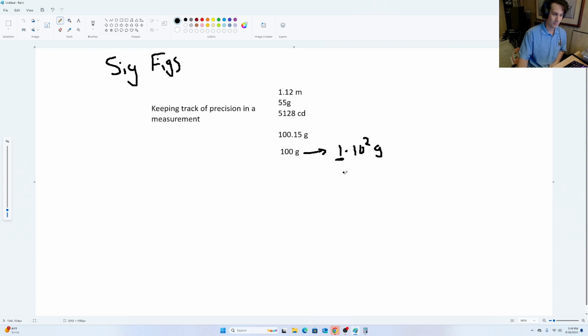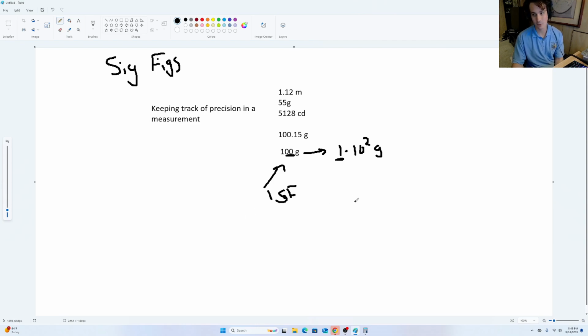Do you notice how it's just 1, right? These zeros, this is the placeholder business, are stored in the exponent here. And what that means is that this number is only 1 significant figure.